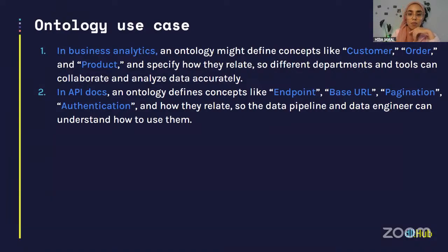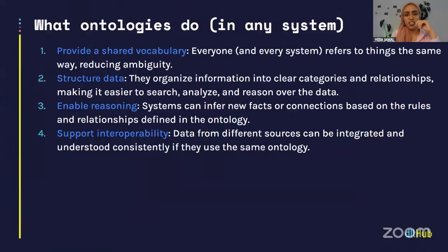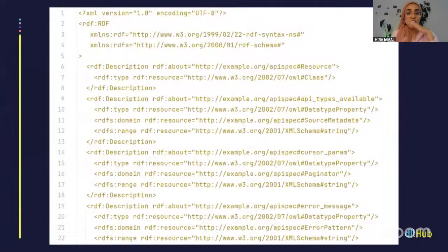And it looks something like this. It is saved in OWL format or in RDF or XML format. And it is super difficult to understand, at least for me, when I look at it. So I went to our savior ChatGPT and I said, these are the relationships that I have. A resource could be anything, any different endpoint that is offered.